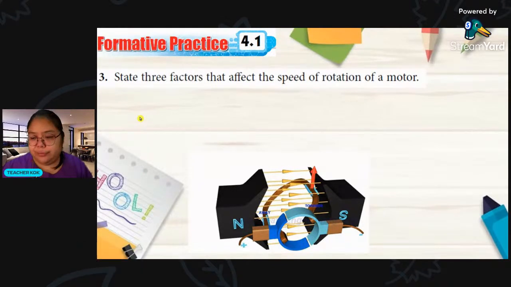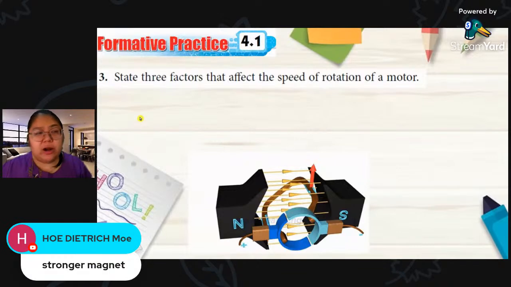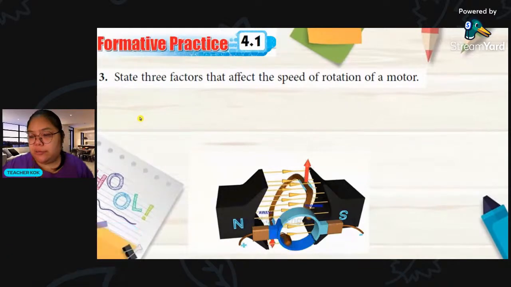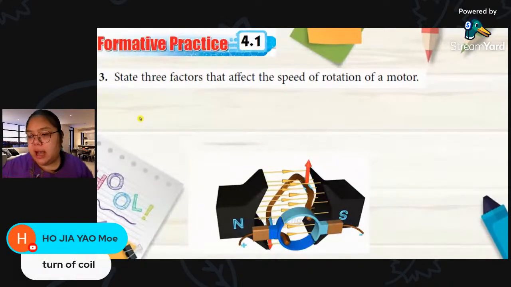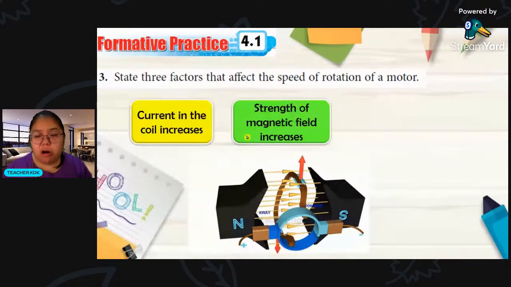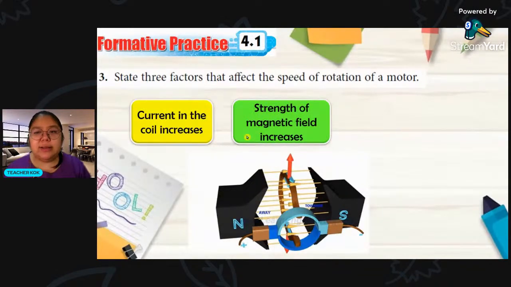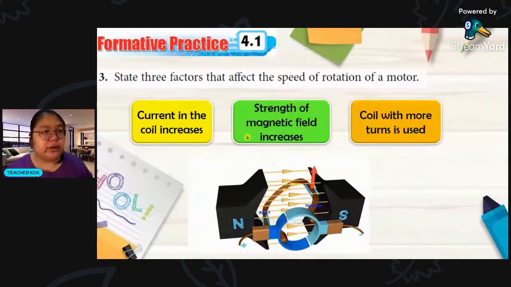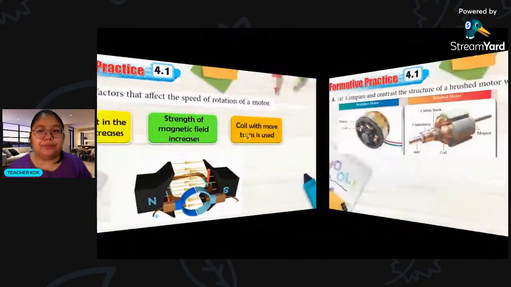Besides the strength of the magnetic field, what should be the last one? Yes, number of turns of the coil. Yeah, correct. So that means: first, the current; number two, the magnet strength must be strong; last one, the number of turns of the coil. So these three are the factors.